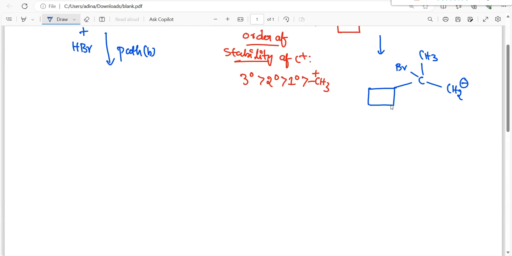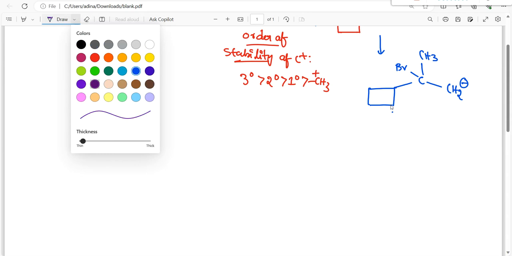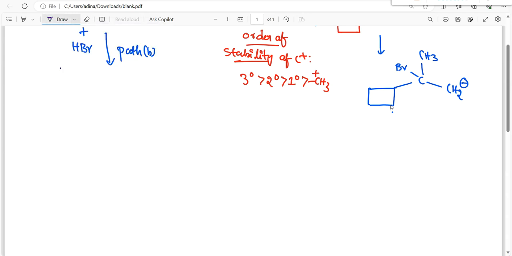We previously discussed that cyclobutane has high strain, that's why this bond is shifted towards this side. Due to the presence of high strain on cyclobutane, this bond is shifted towards this side. This is having the negative charge, this is having the positive charge. So here negative and positive form a bond.